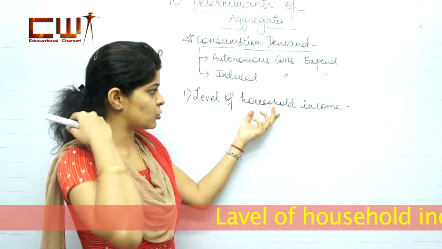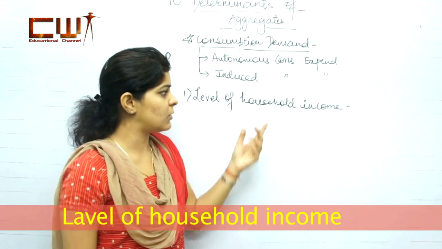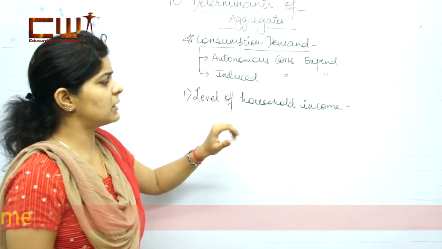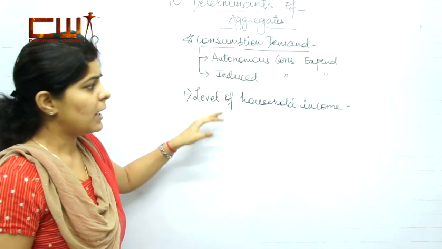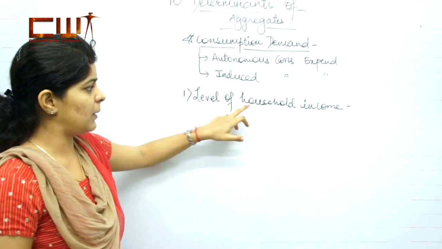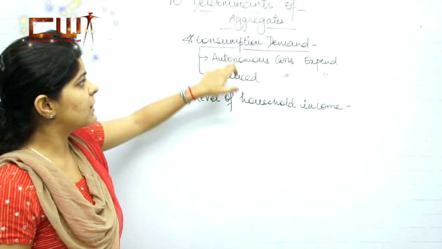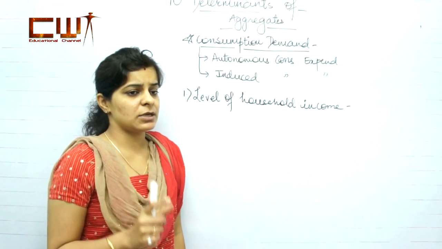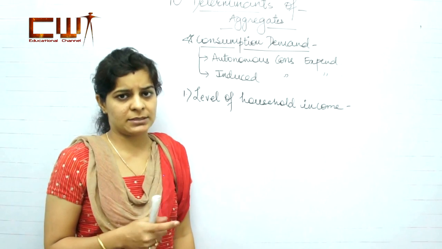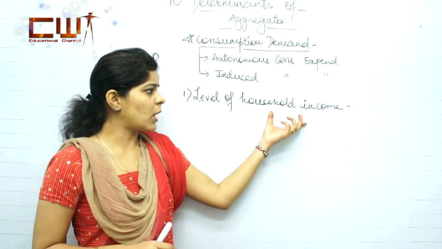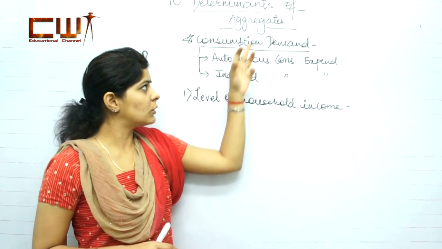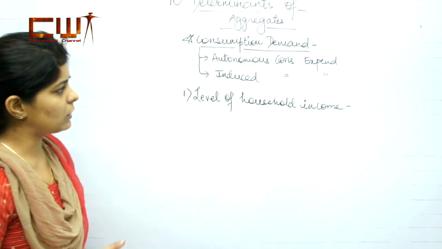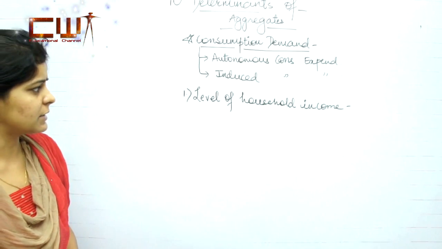They stay in the household, and the household demand depends upon the consumer's level of income. If the level of income of the people of that house is more, there will be more consumption demand. You will buy those commodities which are generally bought by the consumers. That is the direct consumption. So consumption demand will depend on the household income.